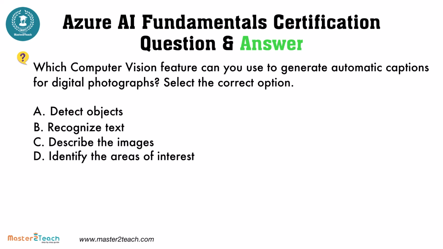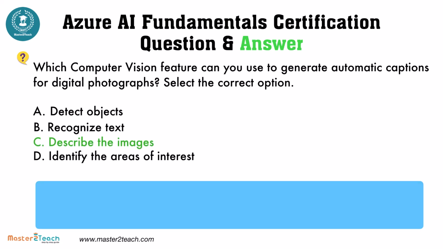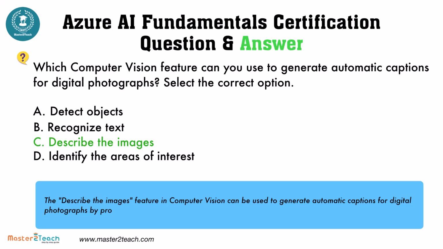The correct answer is describe the images. The Describe the images feature in computer vision can be used to generate automatic captions for digital photographs by providing a textual description of the visual content.